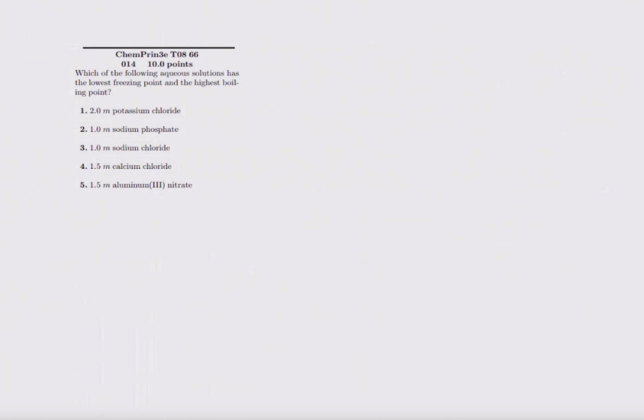Okay, which of the following aqueous solutions would have the lowest freezing point and the highest boiling point? What we're really looking for here is which would have what's called the highest Van't Hoff factor, or I value. The I value is the number of particles essentially in the solution, or the multiplication factor of the particles in the solution. So 2 molal potassium chloride is going to have an I factor of 2.